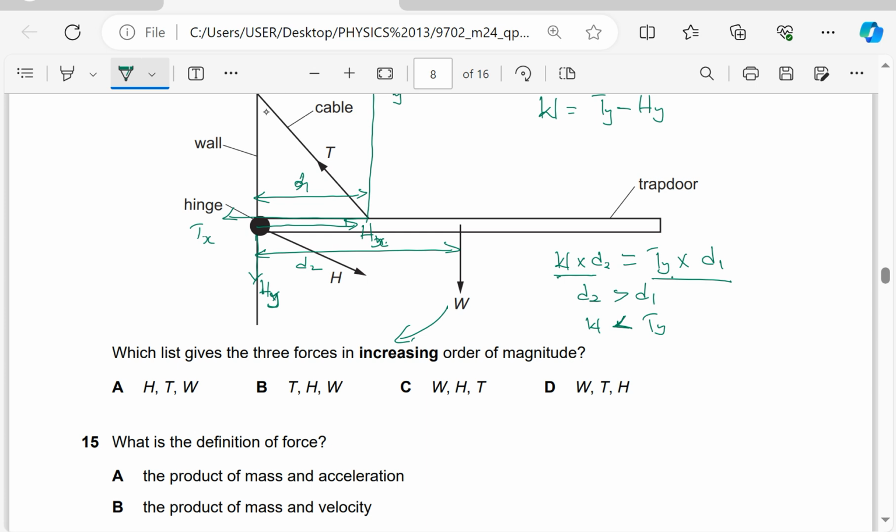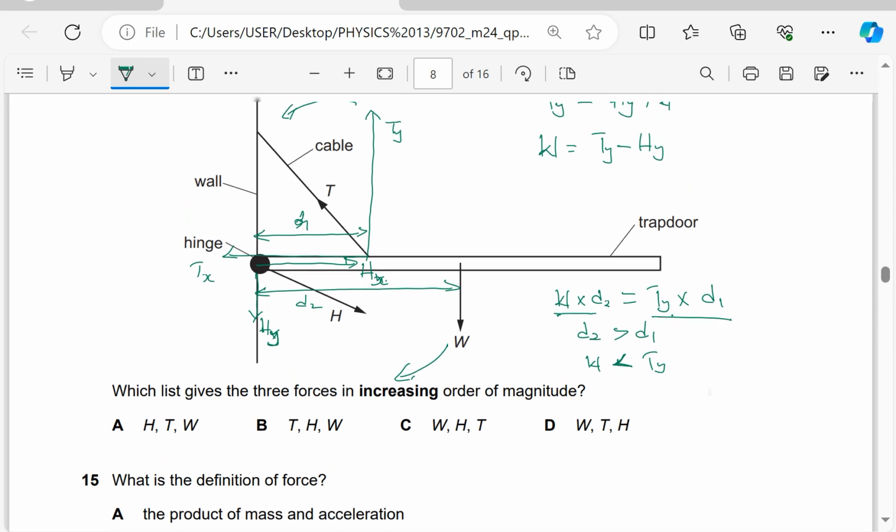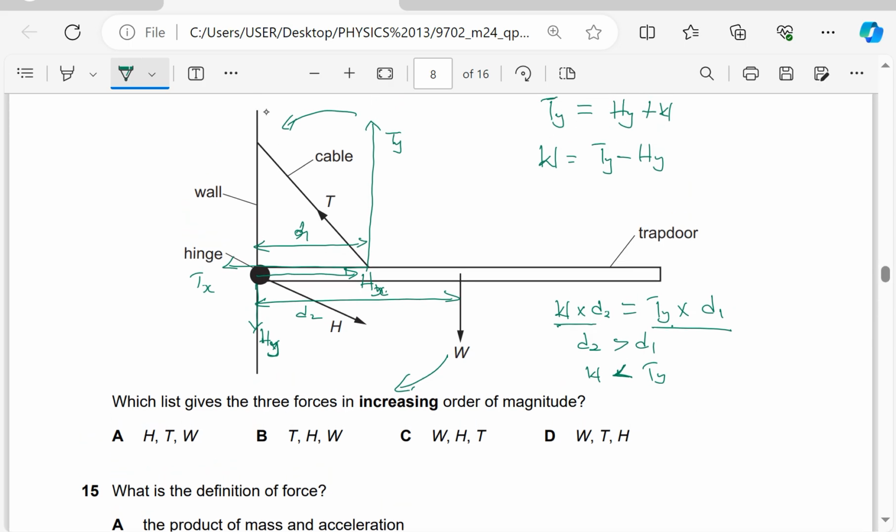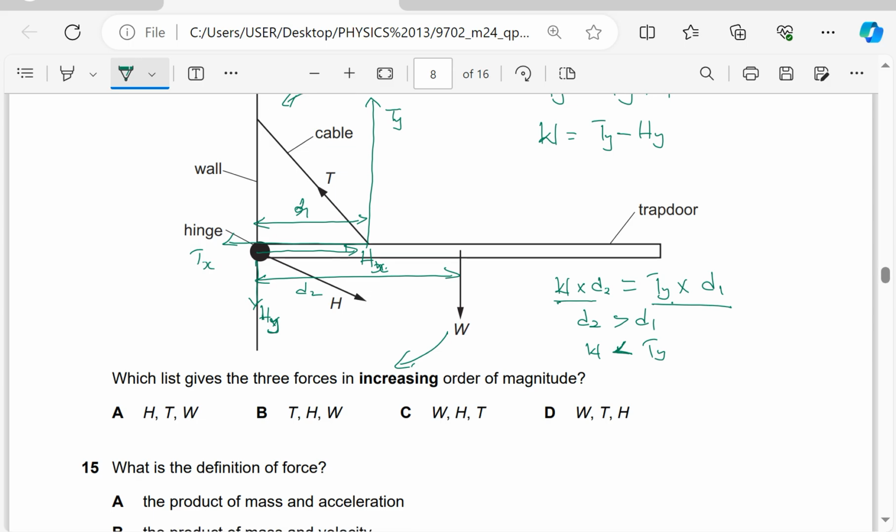That's number one. Number two, remember W is equal to Ty minus Hy. W is less than Ty, and of course Ty is less than T. So automatically W is smaller than T.